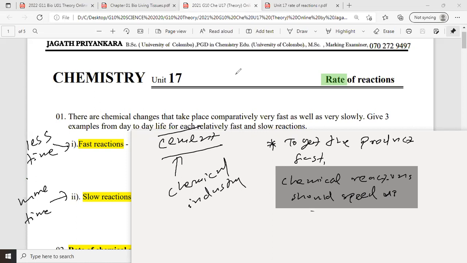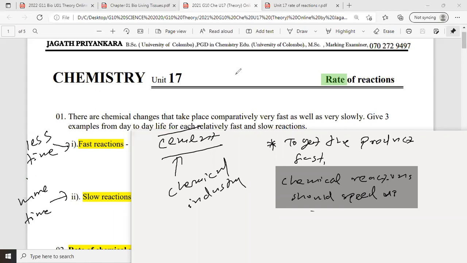So why do they take such illegal drugs, or steroids, or various methods? To make the metabolic activities in their body happen fast, then they can run fast. Same thing we are doing here in a chemical industry. If you make the reactions happen fast, you can get the product fast.